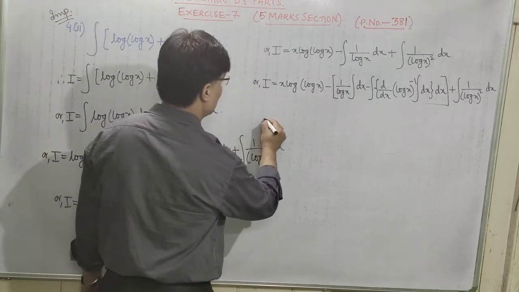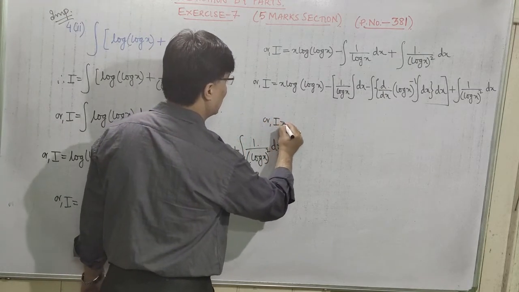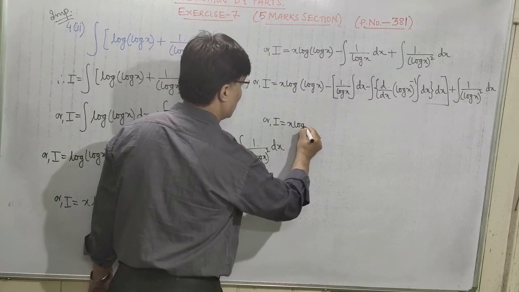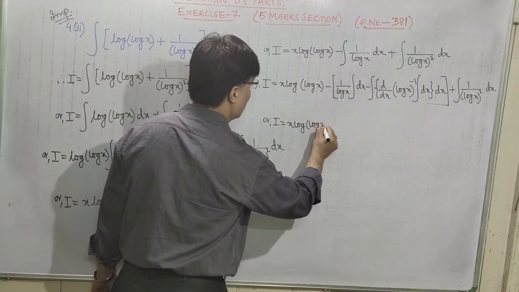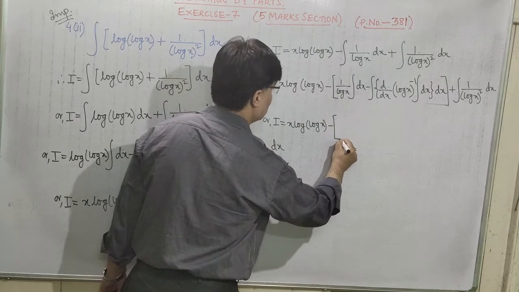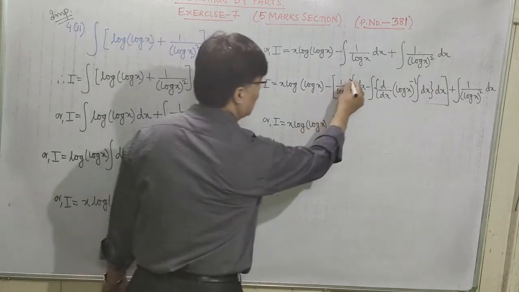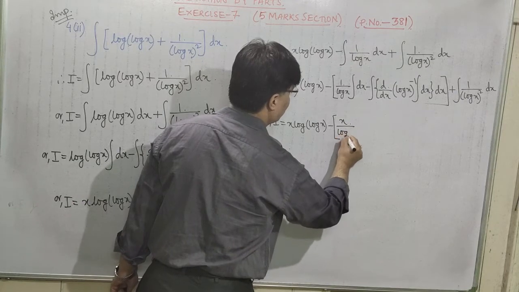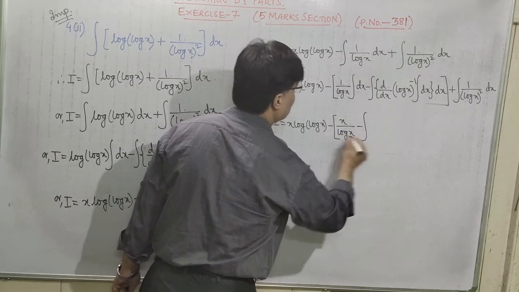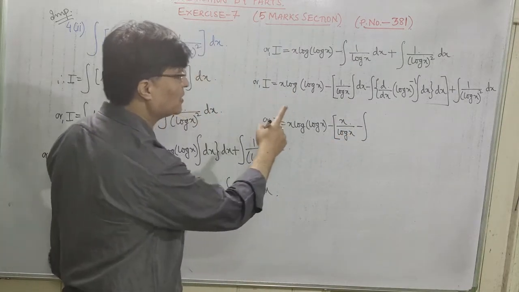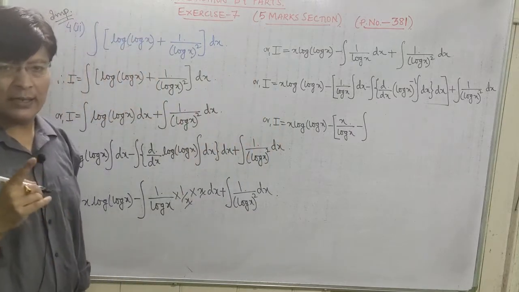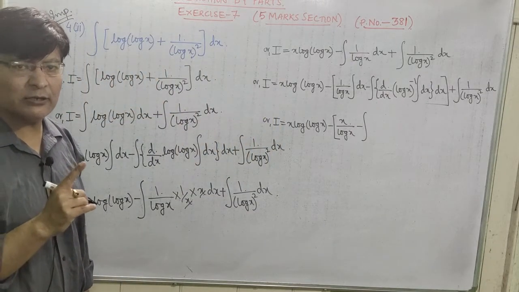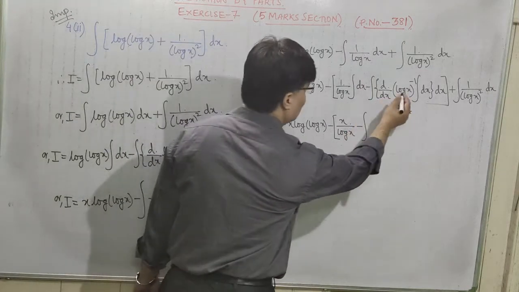So now let us simplify it once again. I is equal to x log of log x minus, within the third bracket, let us integrate dx, that is x upon log x, minus the integration of, what is d by dx of (log x) to the power minus 1? How can you differentiate it? It's just like x to the power n, where log x is taken as x.